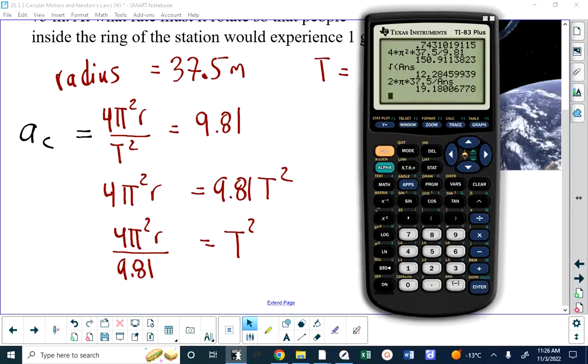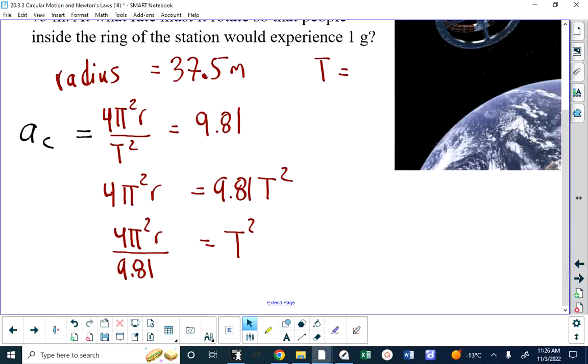It's fast. And by the way, if acceleration is v squared over r, if I square that and divide by 37.5, I better get 9.81. But the answer to the question is 12 seconds. Okay? It's rotating at a rate of 1 revolution every 12 seconds, or 12 seconds for every 1 revolution.